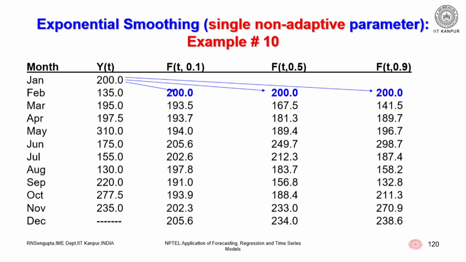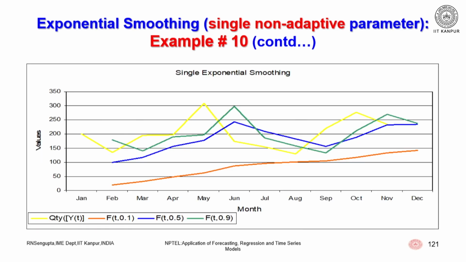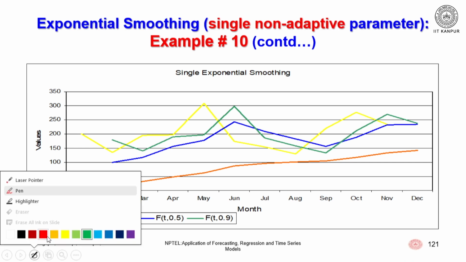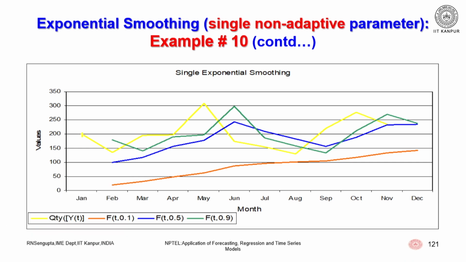So, if I continue, I plot the diagram and here is what is plotted. The quantity which is yt is marked in yellow, so this is the yellow line. If I find out the forecast value for 10%, the red line is there, and you see the difference between the yellow and the red line.